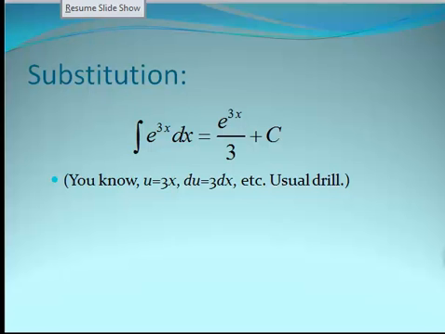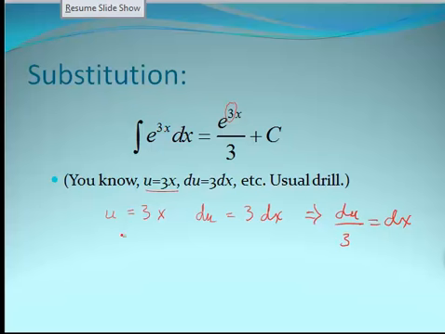If you have something like e to the 3x and you are integrating it, I've seen this so many times that I know whatever is up here, you just move downstairs, plus a constant. But if you want to really beat it to death, you can assign a variable u to be 3x. Then the derivative of u is 3 dx, which means we can rearrange and say du over 3 is equal to dx.